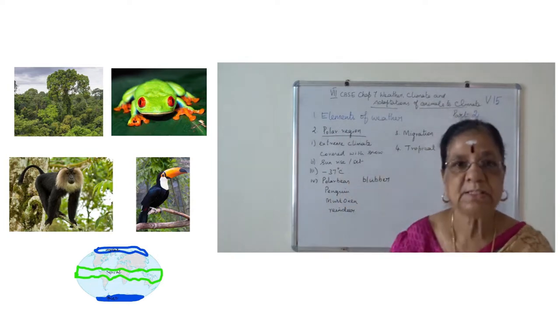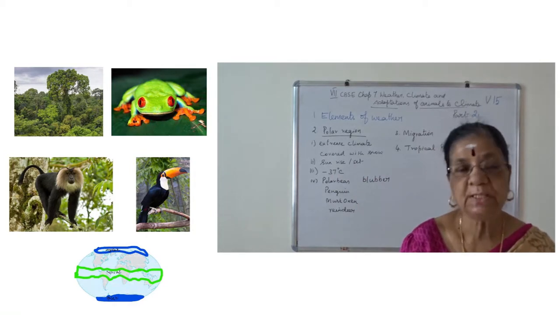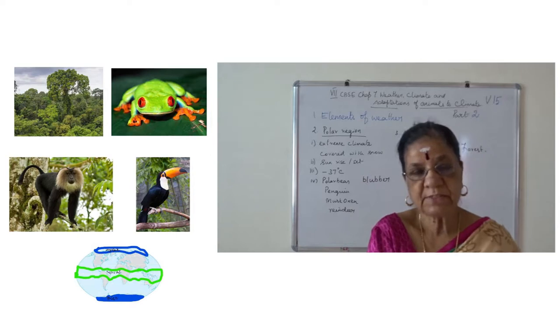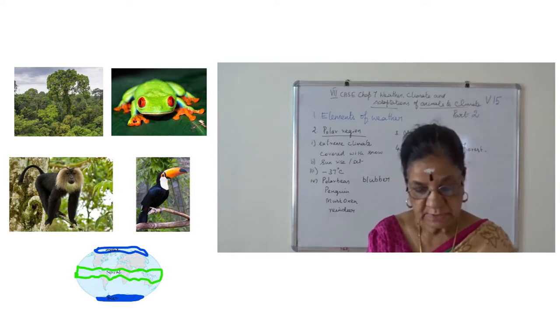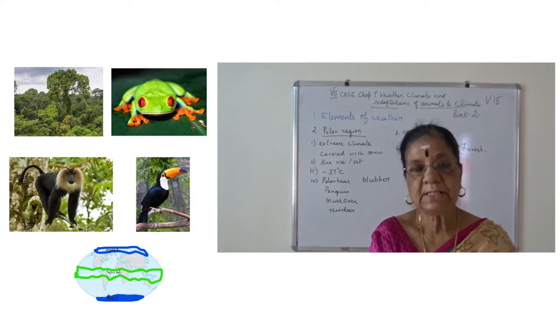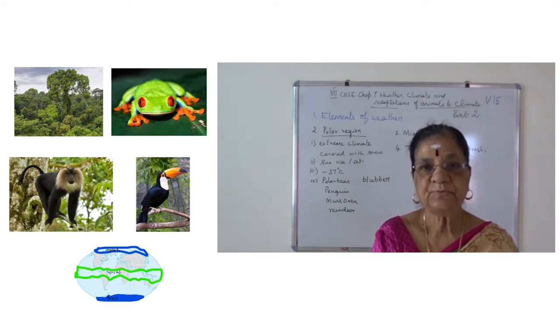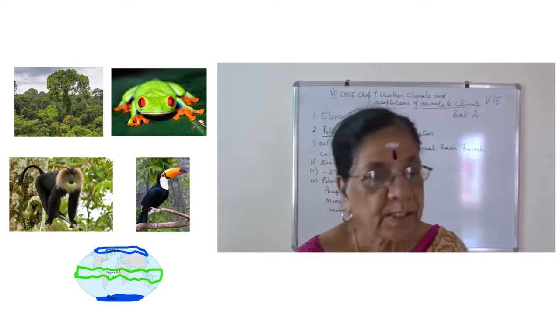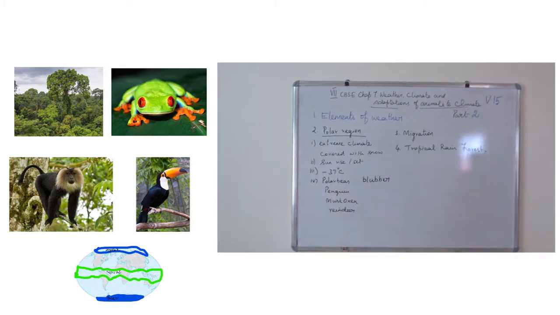The equator is in the middle of the globe. Even in the coldest month, the temperature is generally higher than about 15 degree centigrade. This is the tropical region.